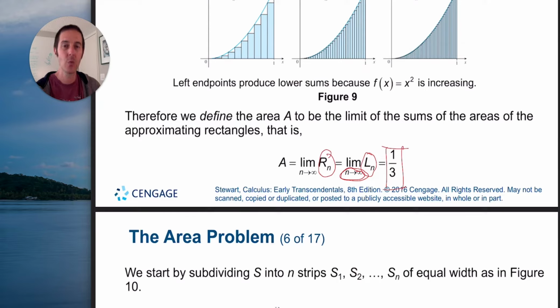So the actual area under that curve, x squared, from 0 to 1 is 1/3.